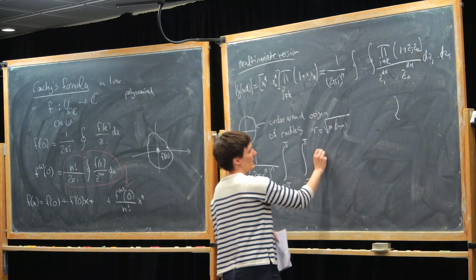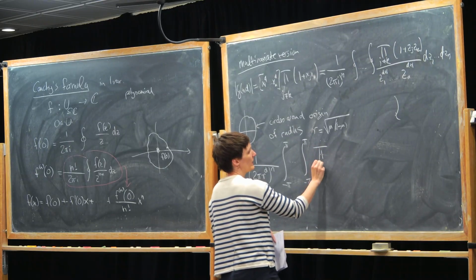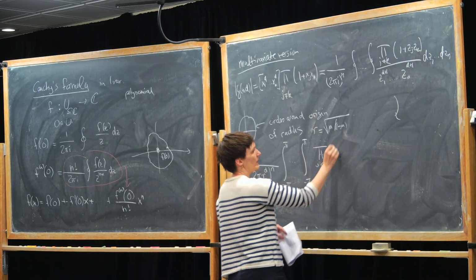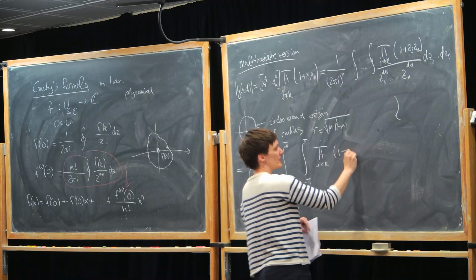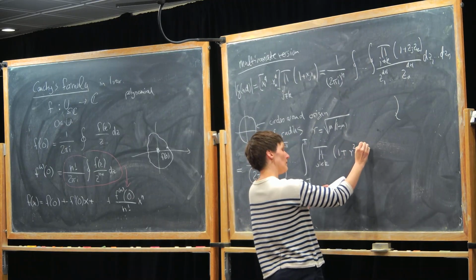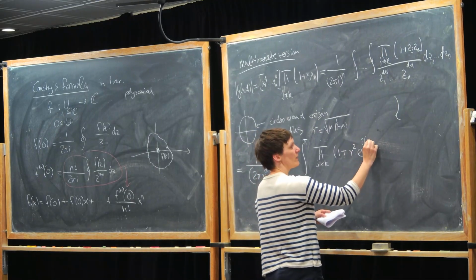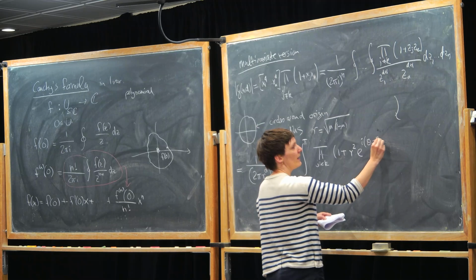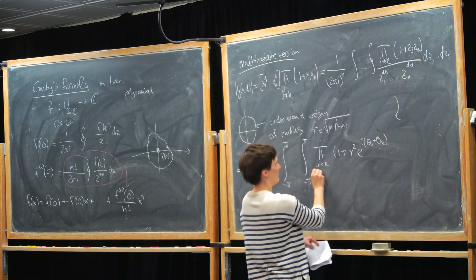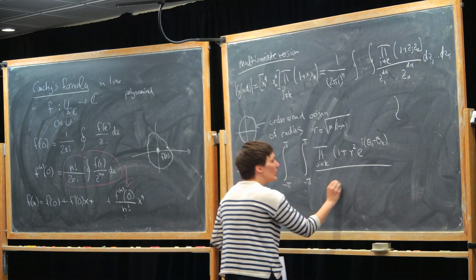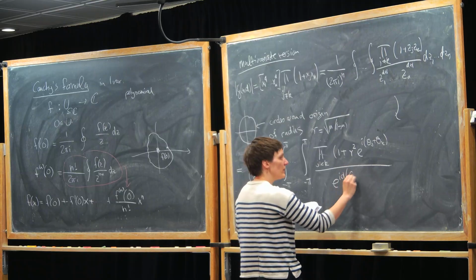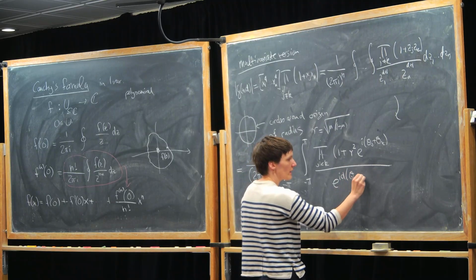And then this product over all j less than k, 1 plus r squared e to the i theta j plus theta k over e to the i times d, and the sum of all the angles.